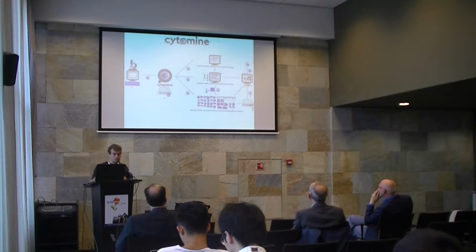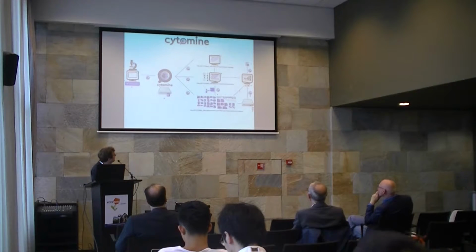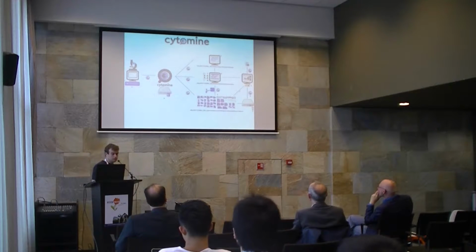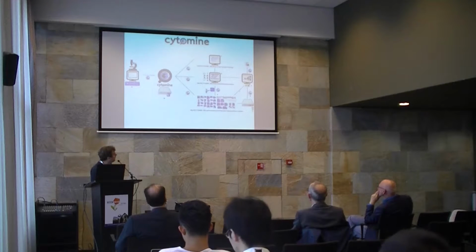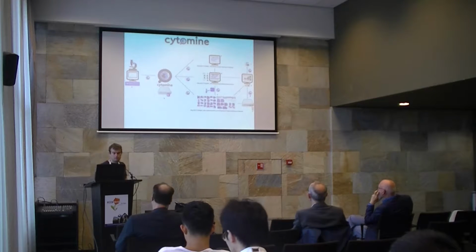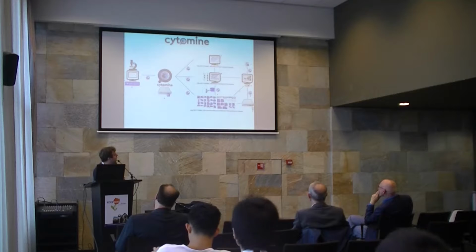The main philosophy of the software is that once people generate images, they can directly upload their whole slide images into the Cytomine server. And so the images are directly accessible to everyone in the world through simple URLs.